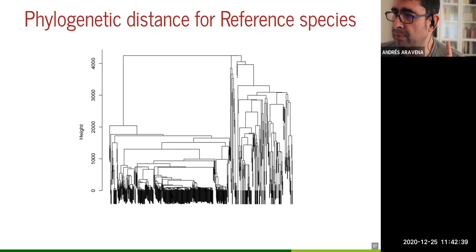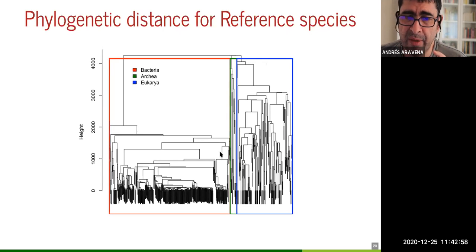In fact, it's probably not a phylogenetic tree, it's just a guide tree. But you see essentially three groups. Comparing at this level, you got these three branches. And you will not be surprised to see that these three branches are bacteria, archaea, and eukarya. They separate.